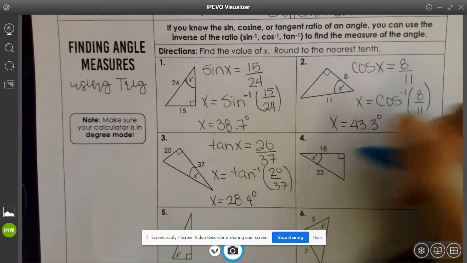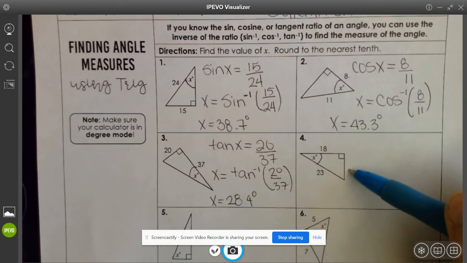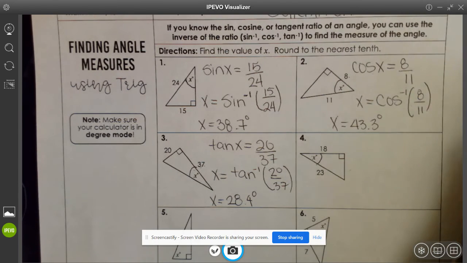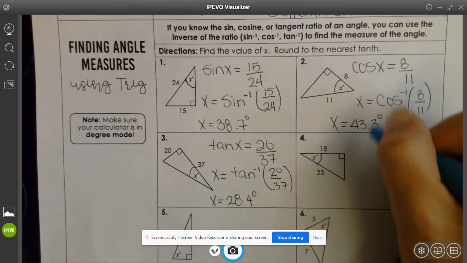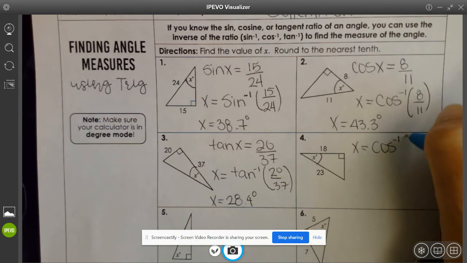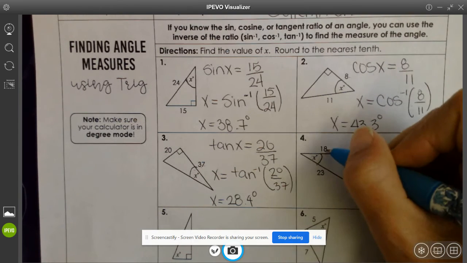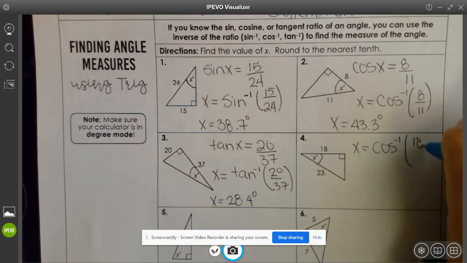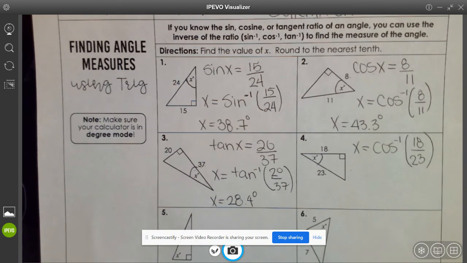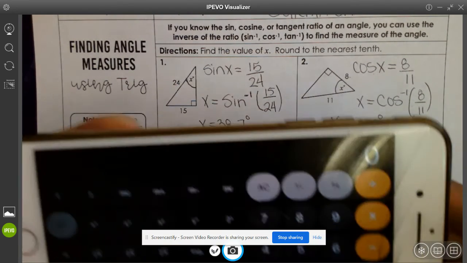All right, let's do another one. So we don't have anything on the opposite side. That's definitely a cosine. X equals cosine inverse, and that is adjacent over hypotenuse. Make sure you know which one goes on top, which one goes on the bottom. That's the ratio. And then you find it.